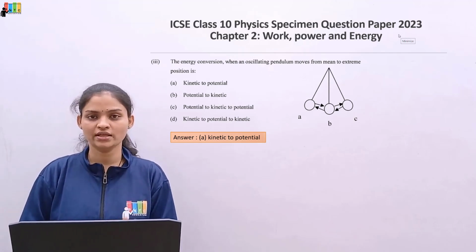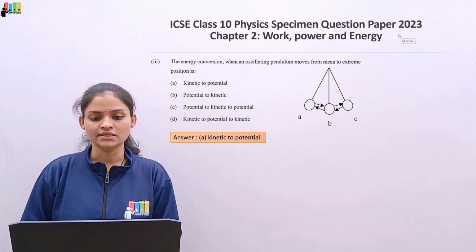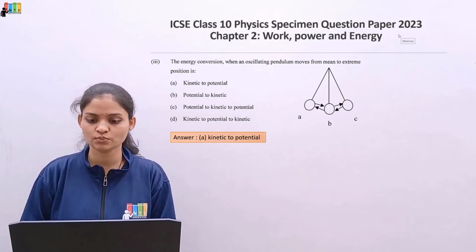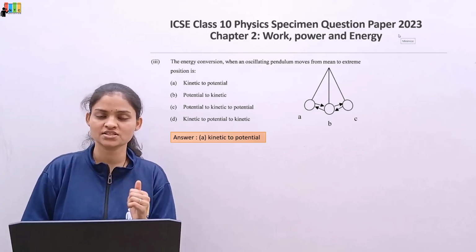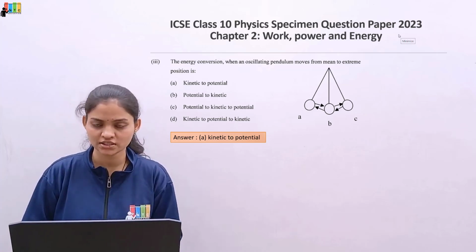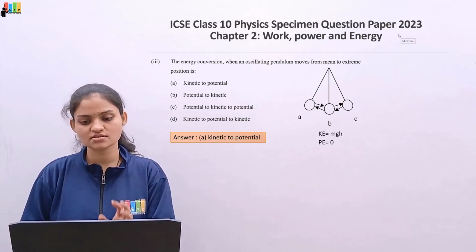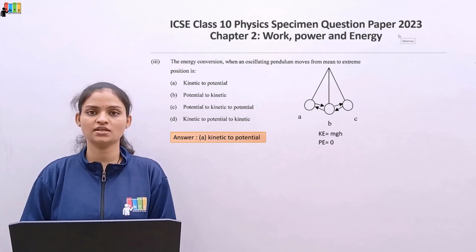So what is the energy conversion? It is in motion. At the mean position it will be in motion, and at the extreme position it will stop and change its direction, and again it will be in motion. So at the mean position there is kinetic energy and potential energy is zero.